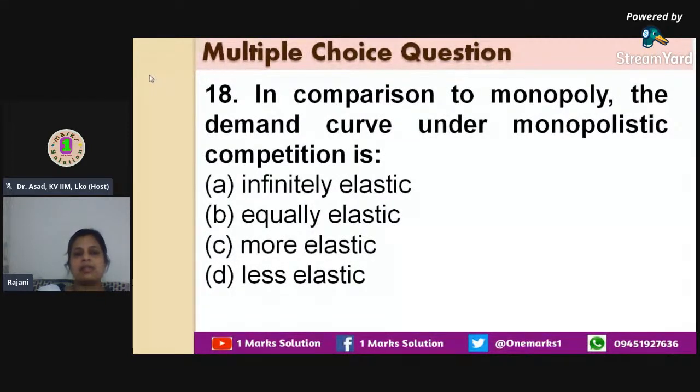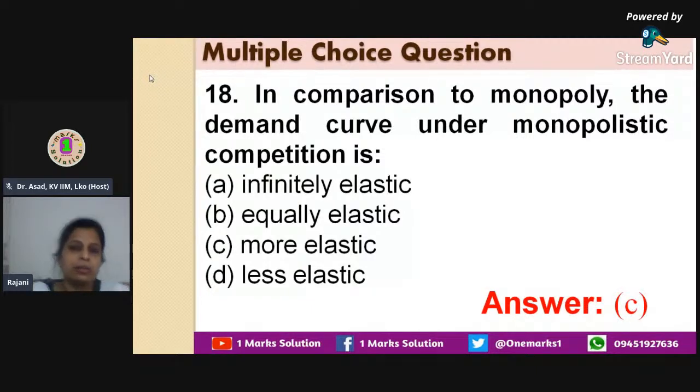So the question is, which is more elastic? I think you got the answer now. Monopolistic competition faces a more elastic demand curve. There is more responsiveness in demand because of more competition, and price competition and non-price competition are there. So the demand curve is more elastic.